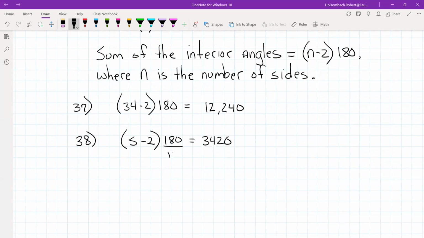Going to divide both sides by 180. So our S minus 2 is equal to 19. So add 2 to each side. And our S, or our number of sides, is equal to 21.